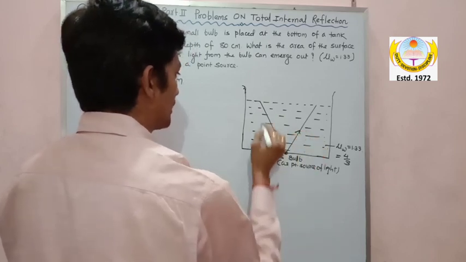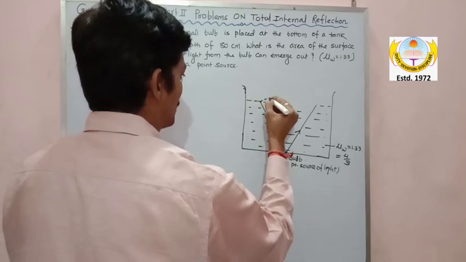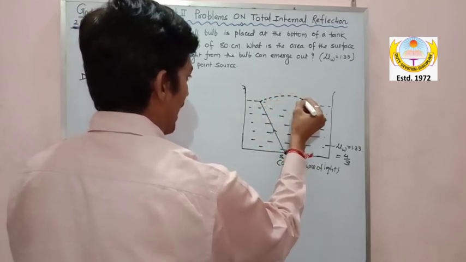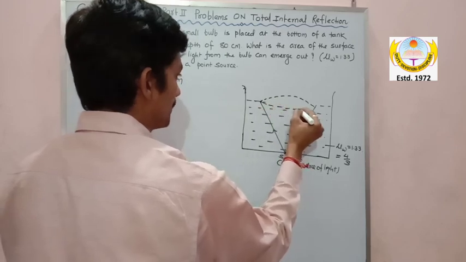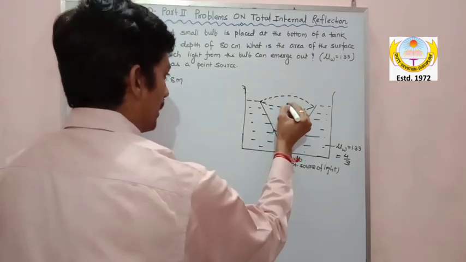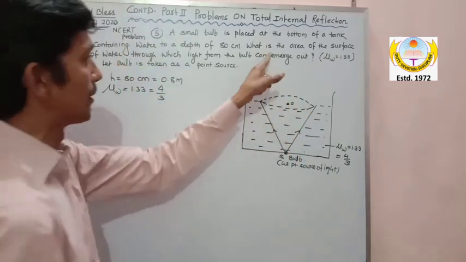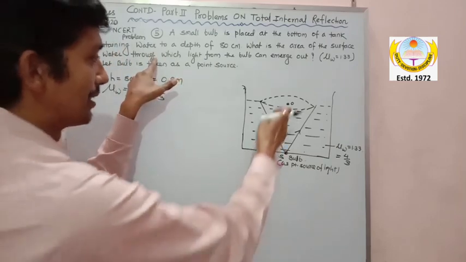You all know this is the incident angle. Here, my dear, we get the patch due to the refraction from the point source. Like this is the point O, my dear. So you all understood what is the area of the surface of water? This is the area, my dear.